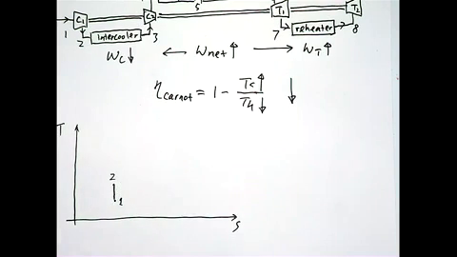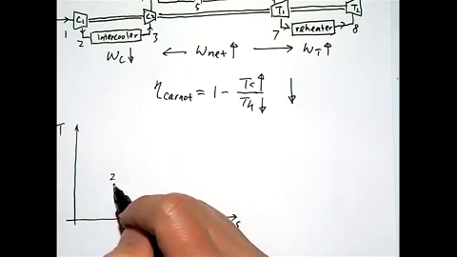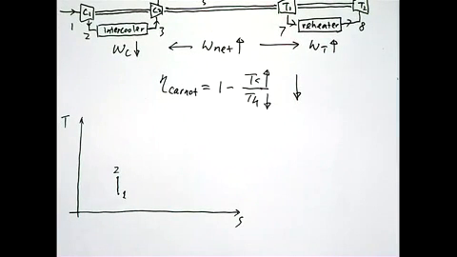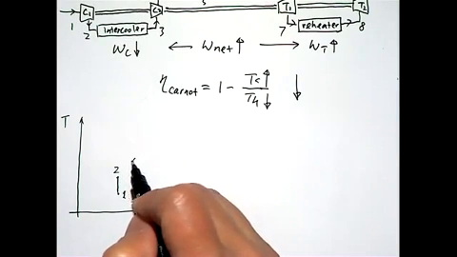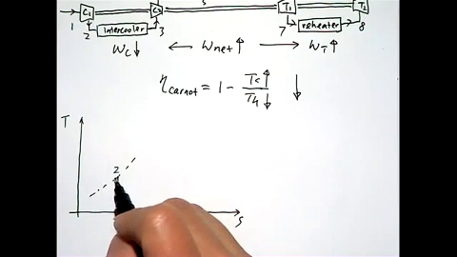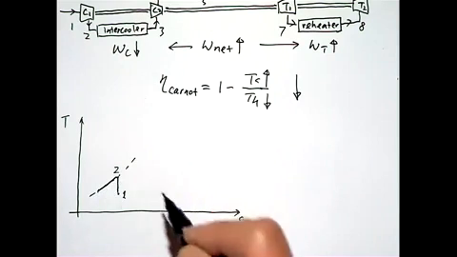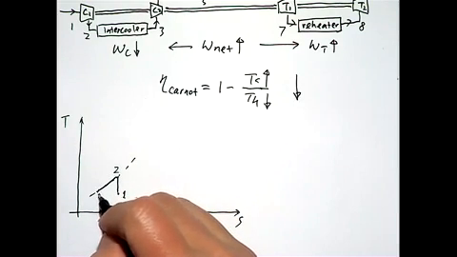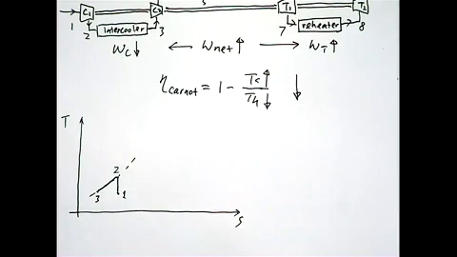In that process, we drop the temperature from here. Because the temperature is lower, the entropy will be lower. So on the constant pressure line, we should go this way to state 3, right?